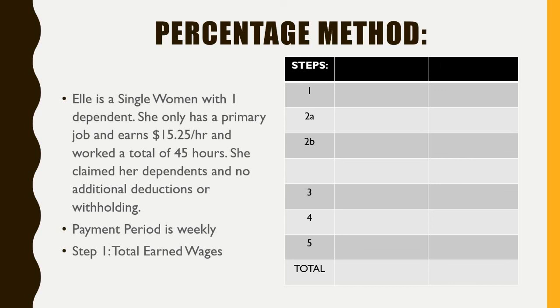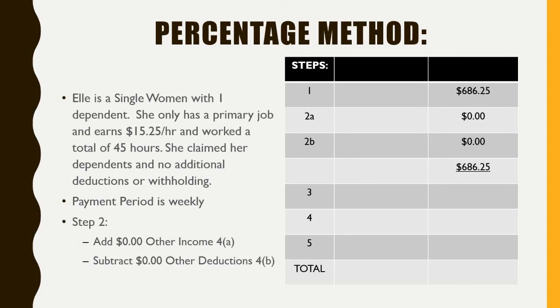We also have to keep in mind that the payroll period is weekly. So how much did she earn? This is your gross wages before taxes. $15.25 times 45 gives you a total of $686.25.